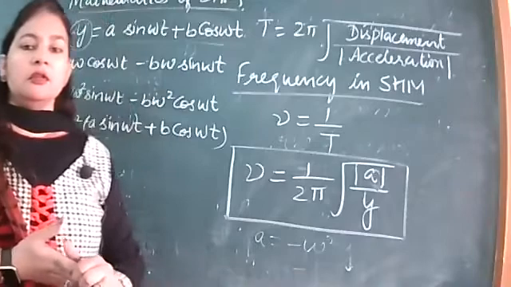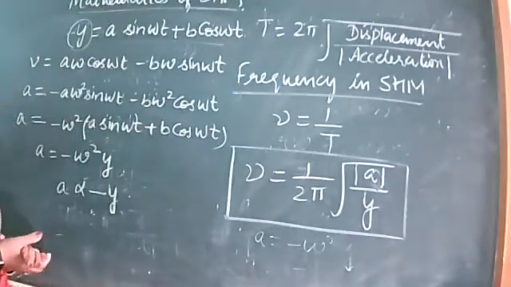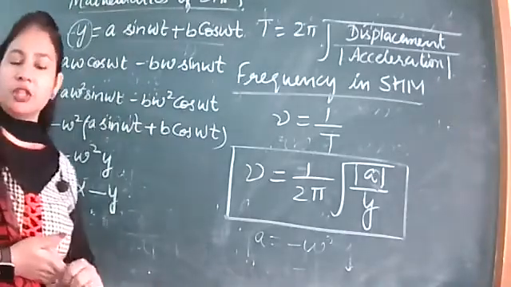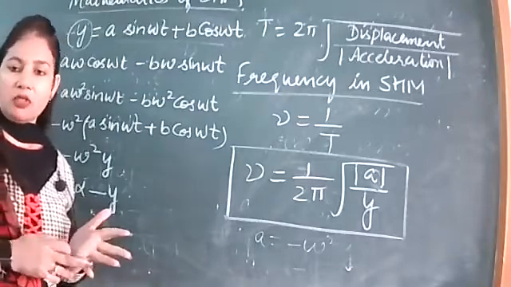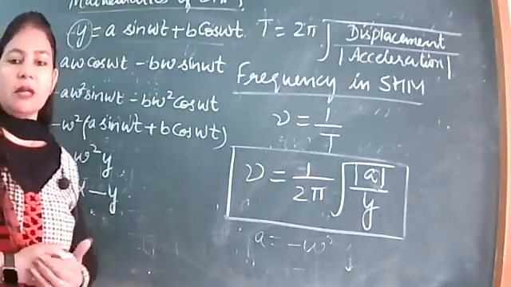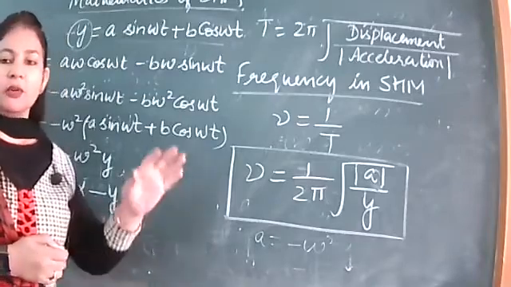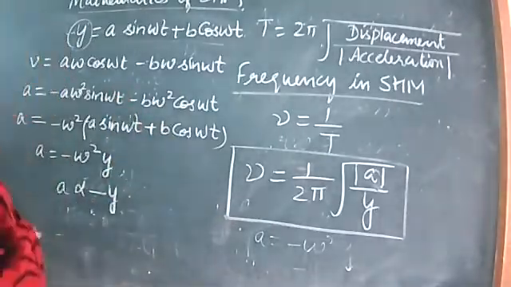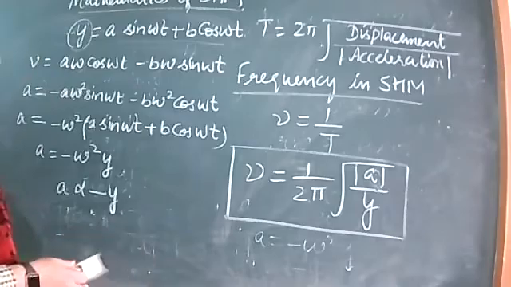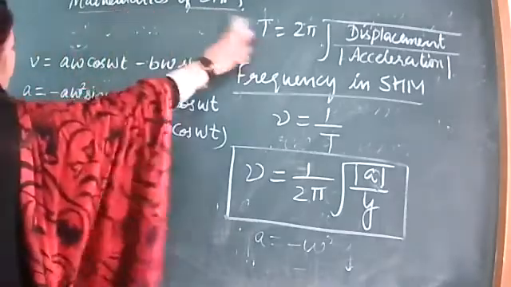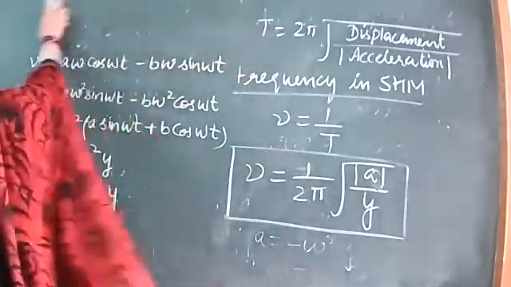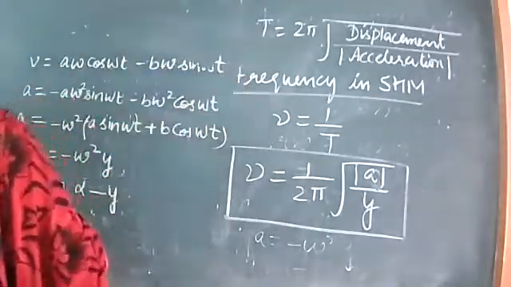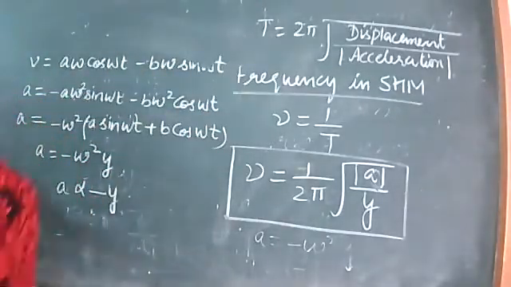Very good. All right. Now we are going to study the graphical relationship between displacement, velocity and acceleration. For that purpose, I need to write their equations that we just derived separately. Then we'll be plotting graphs. So graphically, we'll check what is the phase relationship between displacement, velocity and acceleration in SHM.